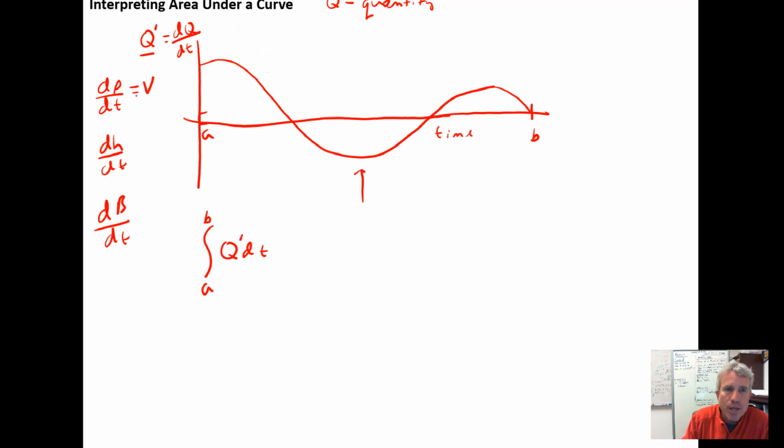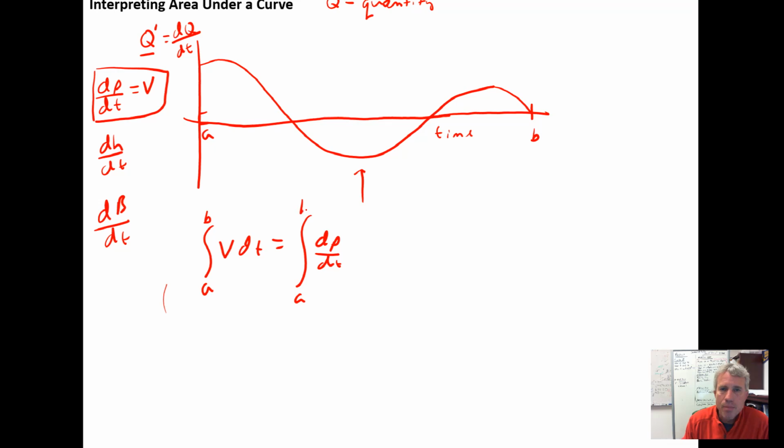So let's suppose, for example, that it's a velocity, dp dt. And let's say that the velocity is measured in miles per hour. It's a rate of change, and we know that this definite integral, let's say we plug our velocity in there, dt, and we want to recognize that velocity is just change in position, dp dt, integrating over the time interval from A to B, times dt.